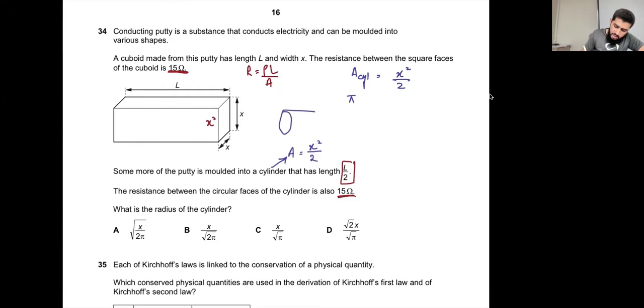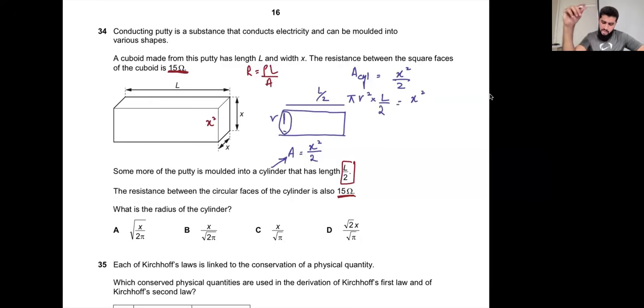This cylinder has a length L by 2, and let's say it has a radius r. So pi r squared into h, the height, which is L upon 2, is equal to X squared. Now, do we need the answer in terms of L? We don't.